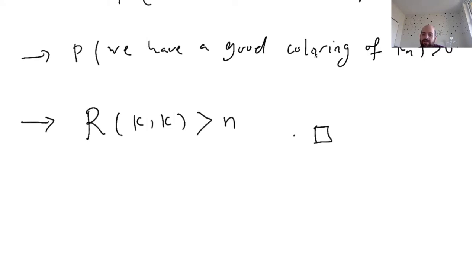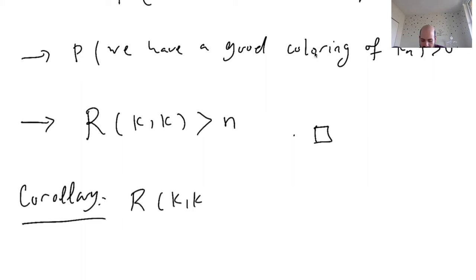Okay, so finally, remember our goal was to derive a lower bound for Ramsey numbers, and finally we are there. So the corollary is that capital R of k and k is bigger than 2 to the power k over 2 for k bigger than or equal to 3.